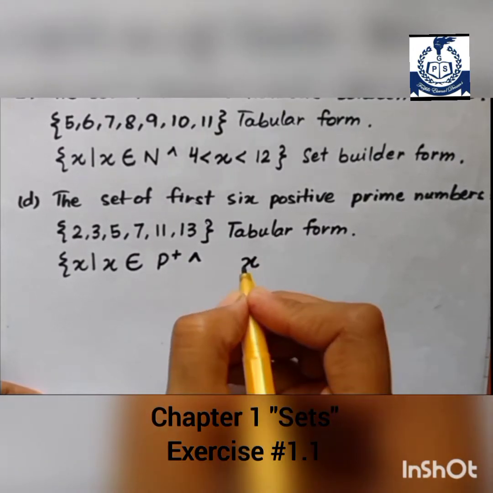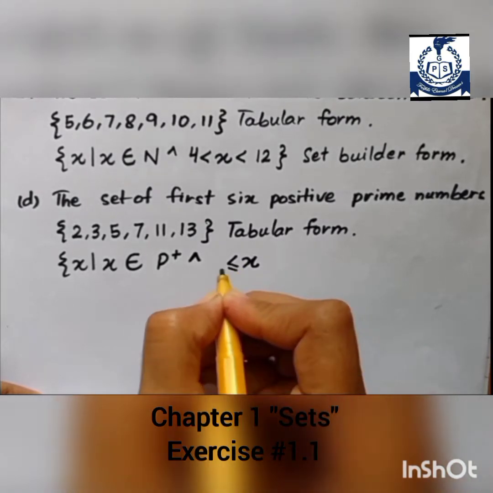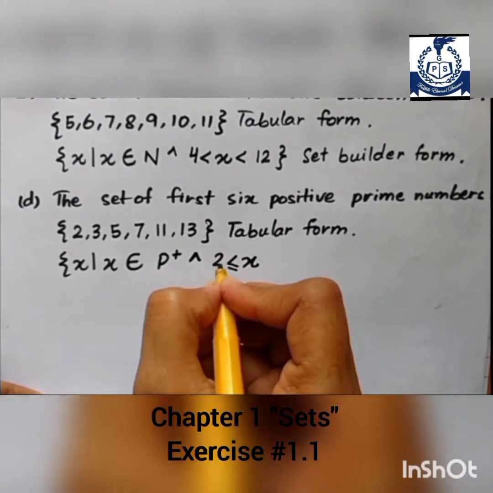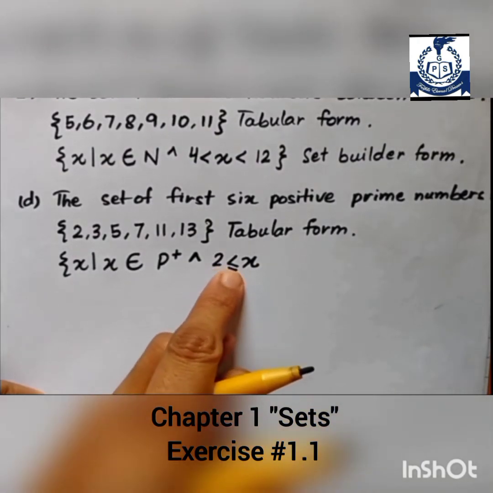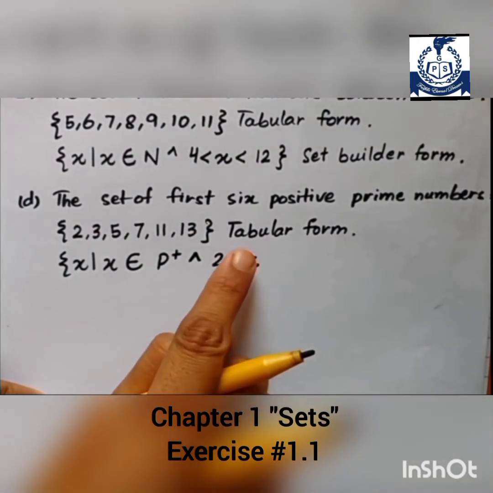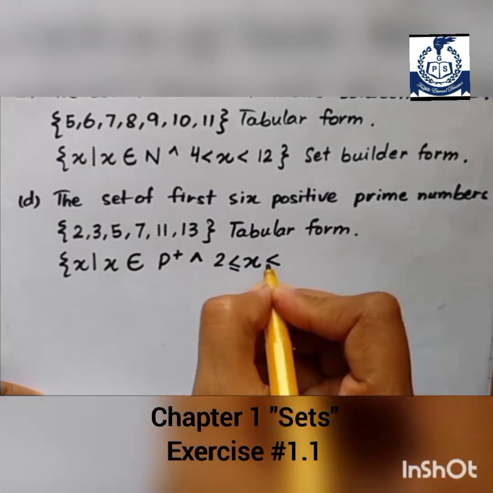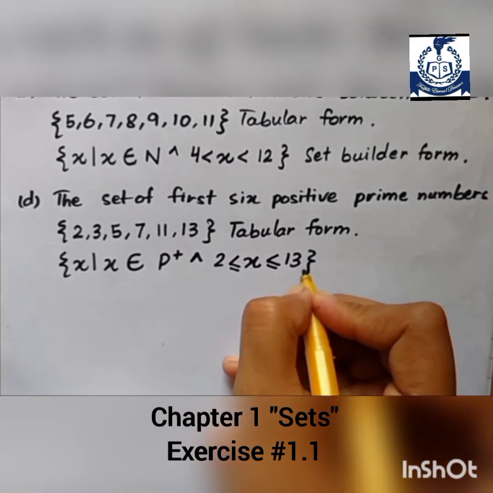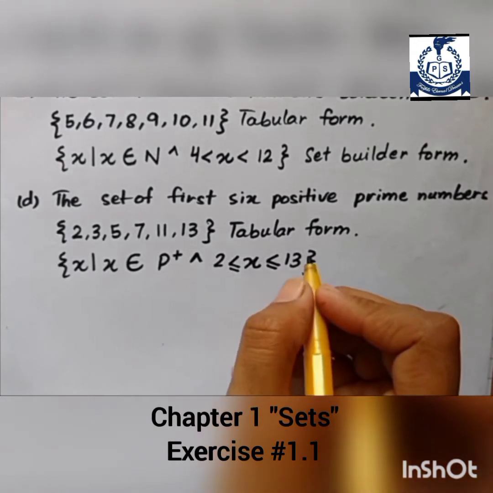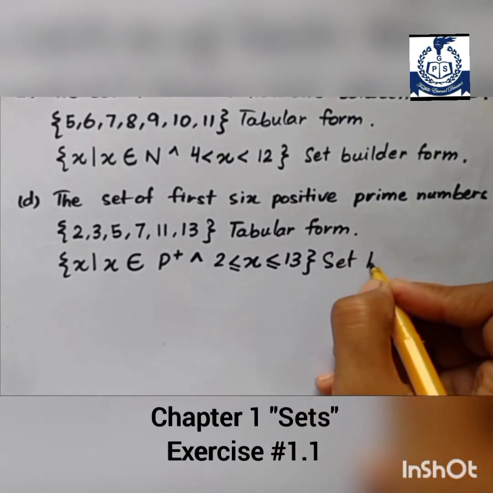So X is greater than or equal to 2, because 2 is equal to 2 and 3, 4, 5, 7 are greater than 2. So we write a condition here, X is greater than or equal to 2 and X is less than or equal to 13, because we have 11, 7 which are less than 13 and 13 equals equality, so 13 equal to 13. So this is set builder form.